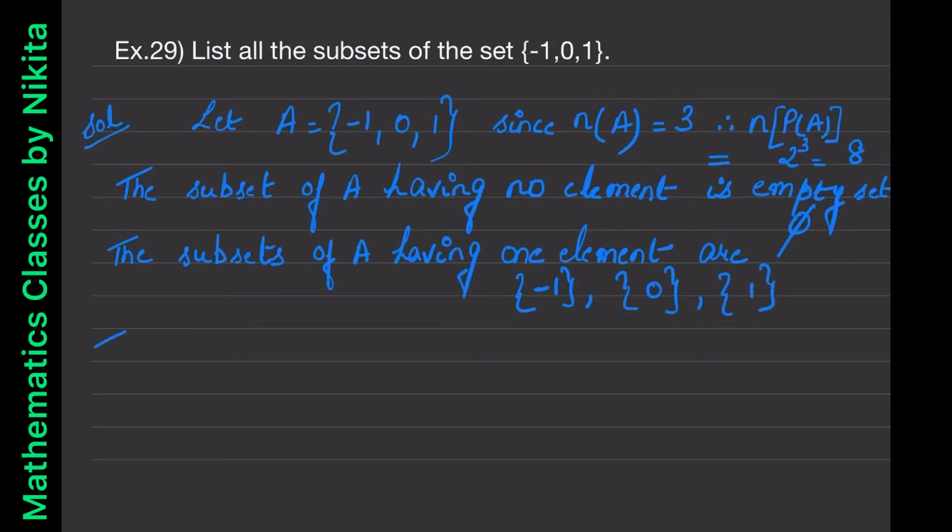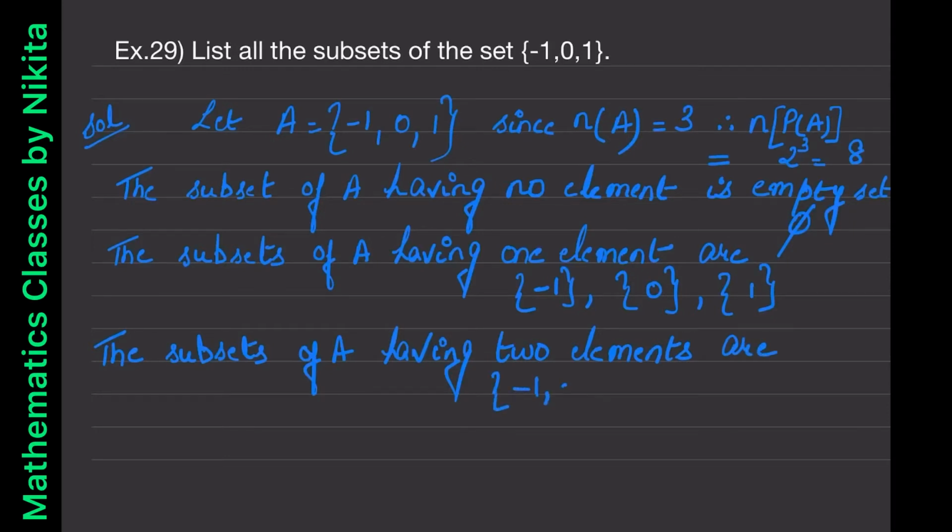Okay. Now next, the subsets of A having 2 elements. So now you have to write 2 elements at a time. So {-1, 0}, then we will have {0, 1}, and then we will have {-1, 1}.